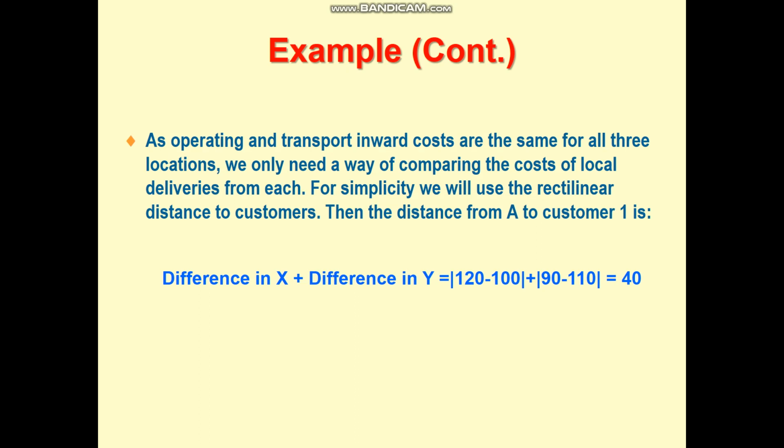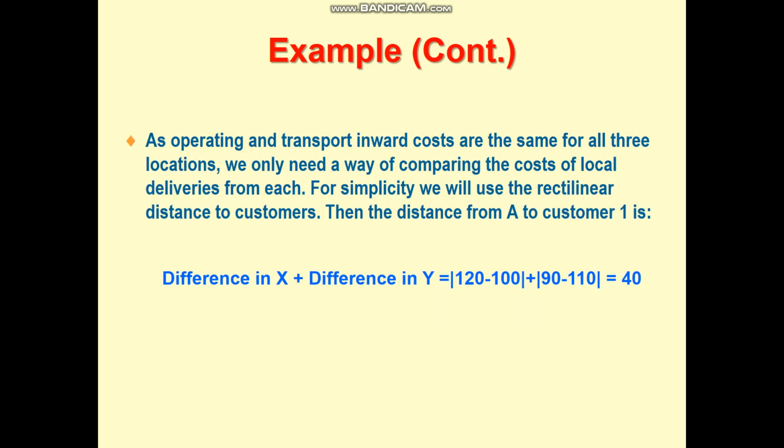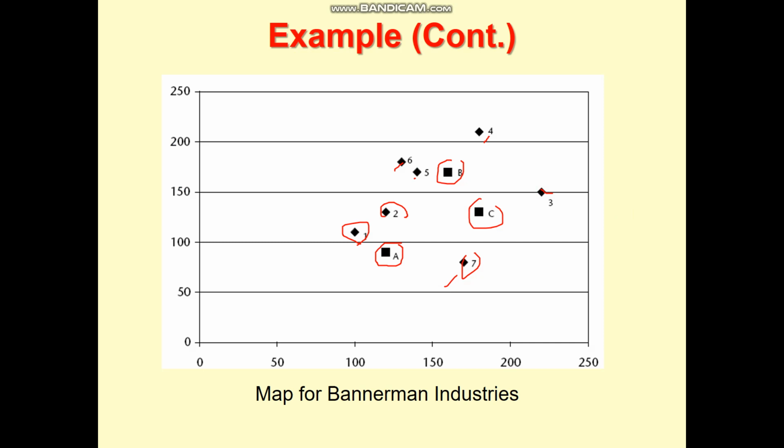We can calculate here. We have to calculate the distance between customer 1 and, let me calculate for location A first, the rectilinear distance from customer 1 to location A. It's like this: we have to calculate from here to here and from here to here.